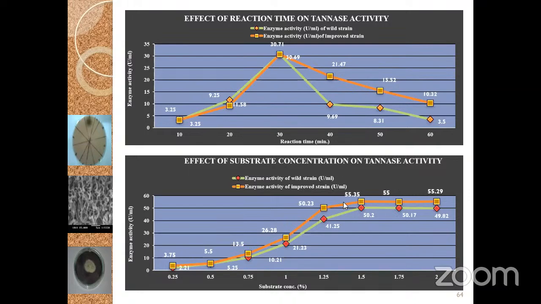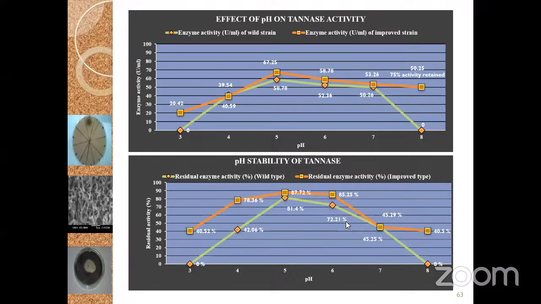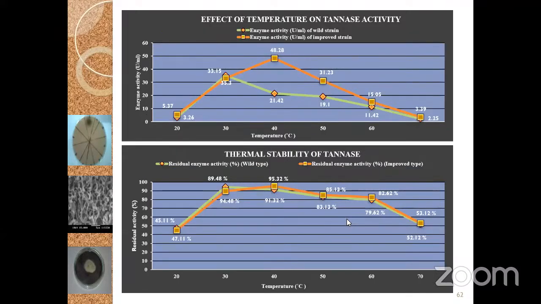When we compare the thermal stability, it shows 53.12% enzyme activity at 70 degrees Celsius, and it retains 85.13% activity at 50 degrees Celsius also.